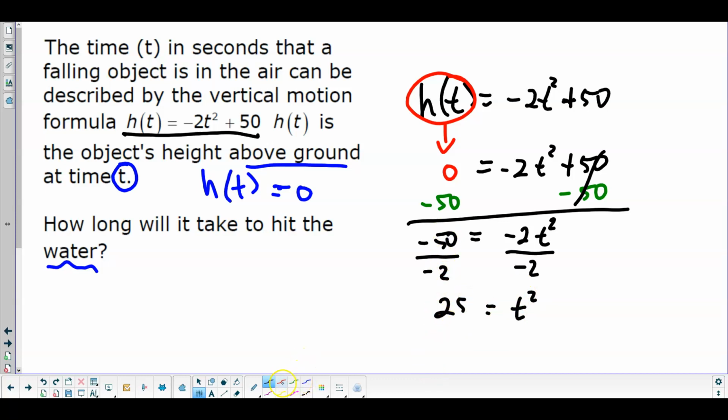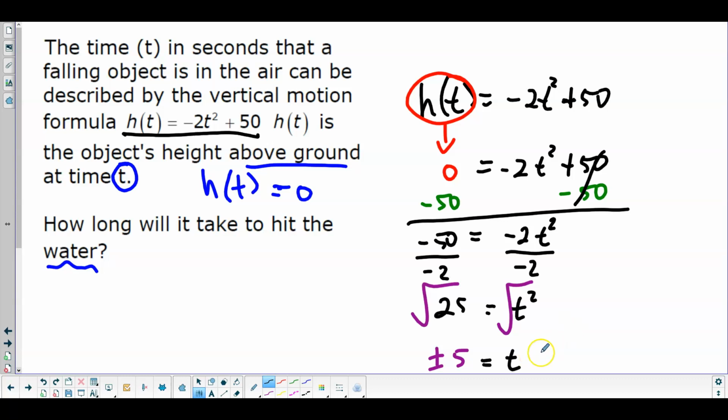And then check this out. Once I take the square root, we know this is going to be plus and minus 5 for t. Now, here's the deal. Because t is time, t can only be positive.